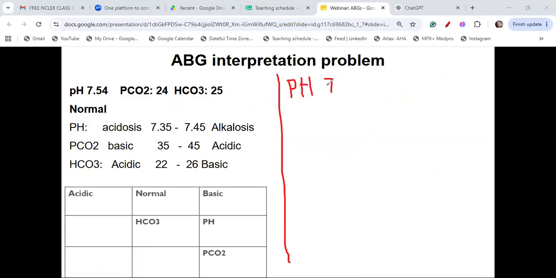So pH 7.54, PCO2 of 54, and then bicarbonates of 30.